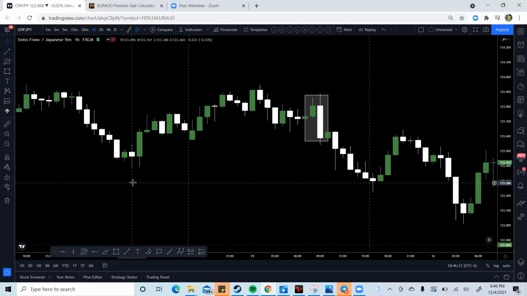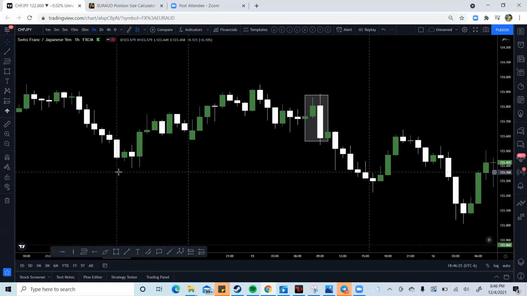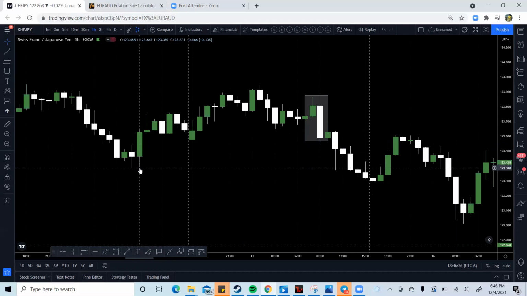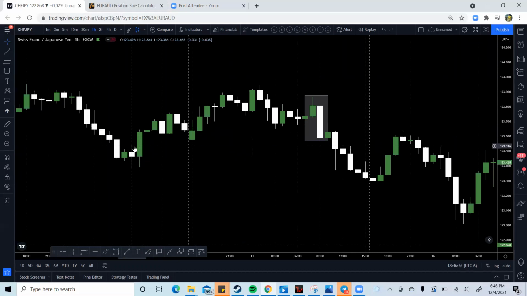Let's think about this. So you have an indecisive doji candle. It's still bearish, so it still counts, but it's an indecisive doji candle followed by an engulfing candle. It still counts as an engulfing pattern. But notice how the engulfing candle's body is about more than the entire size of the other candle.